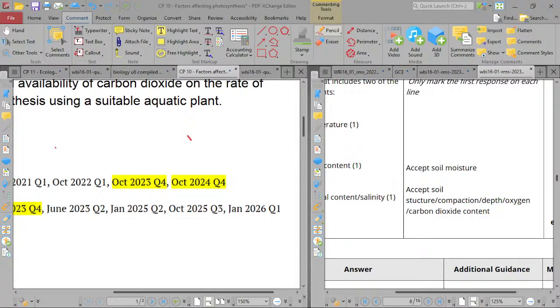So Bio Jan 2025, question number 2. Okay, I'm gonna close some stuff because I've got too much stuff open right now.